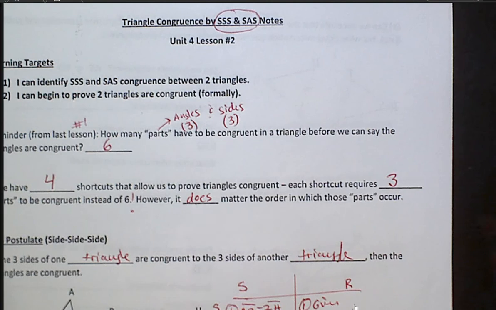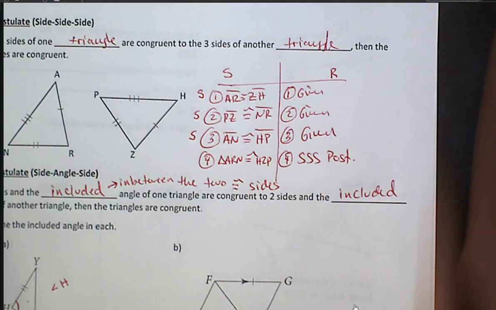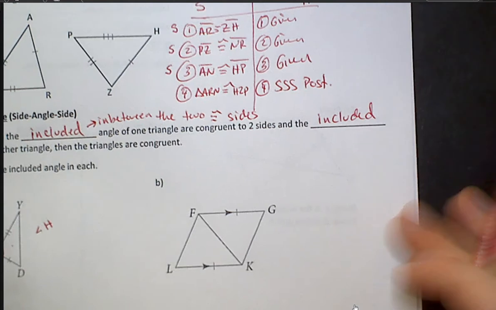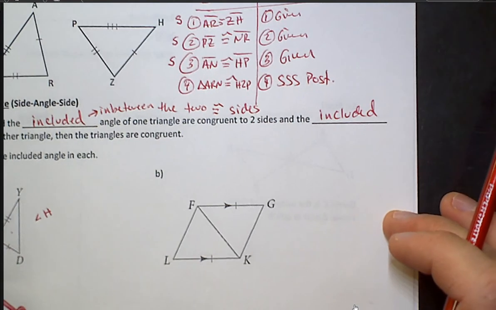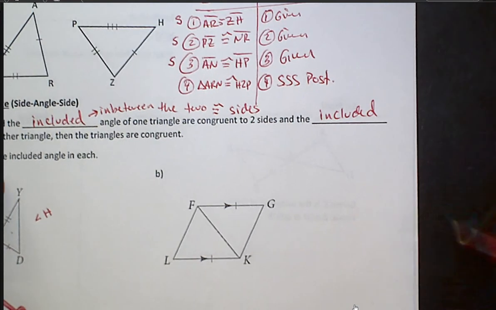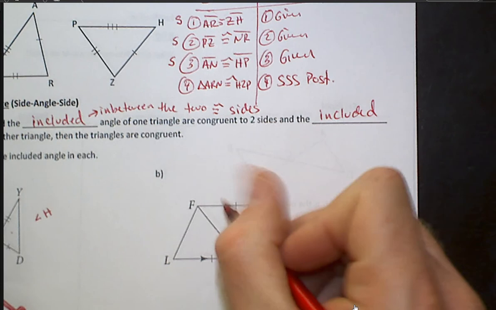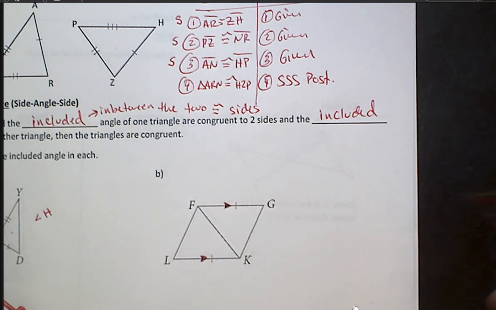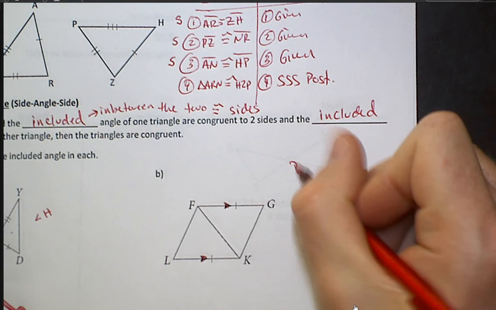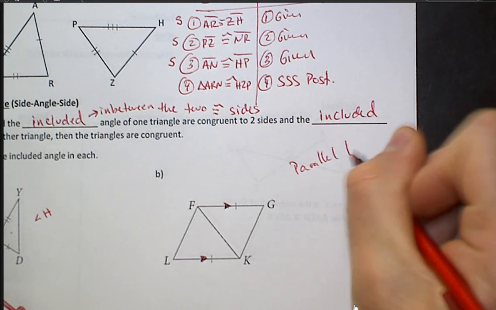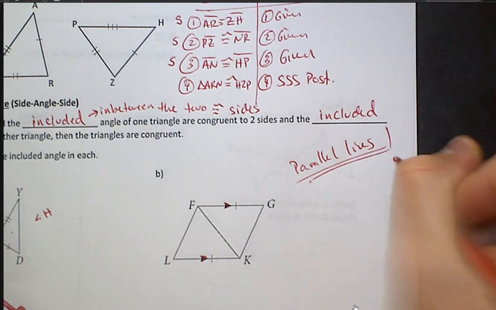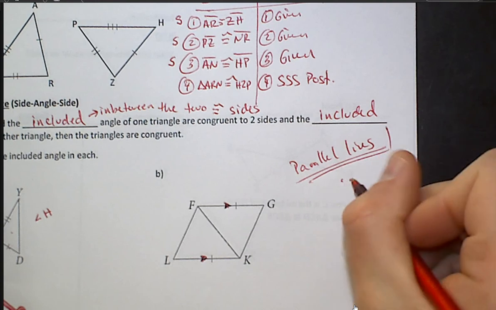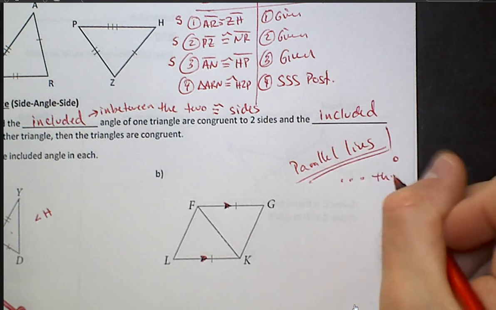Okay? Now, part B, or example B, which is a little tricky, all right, because we have some parallel lines here. And I'm going to give you a heads up right now. Anytime you see parallel lines, and you're going to see them in proofs all the time, what do you have to be thinking? We just tested over it.